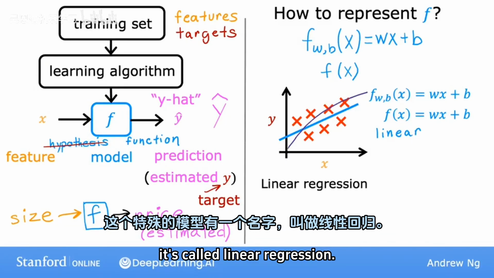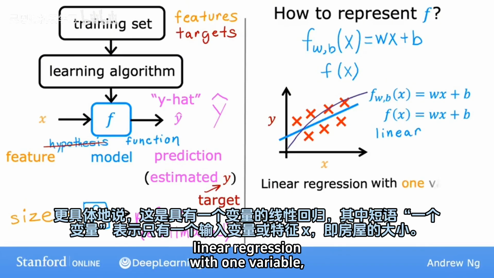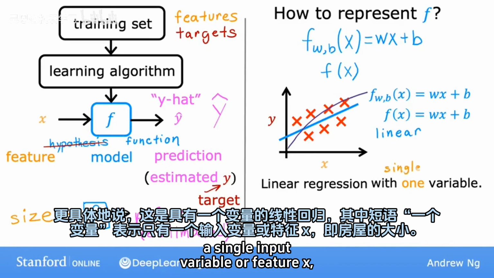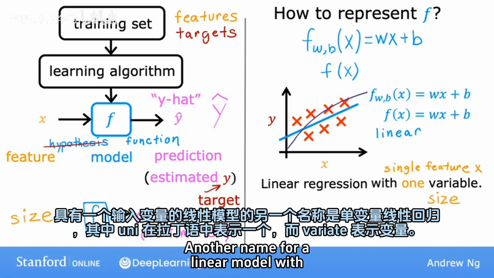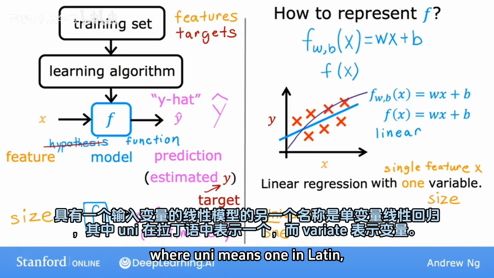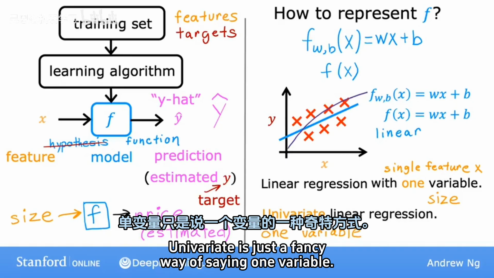It's called linear regression. More specifically, this is linear regression with one variable, where the phrase one variable means that there's a single input variable or feature x, namely the size of the house. Another name for a linear model with one input variable is univariate linear regression, where uni means one in Latin and where variate means variable. So univariate is just a fancy way of saying one variable.